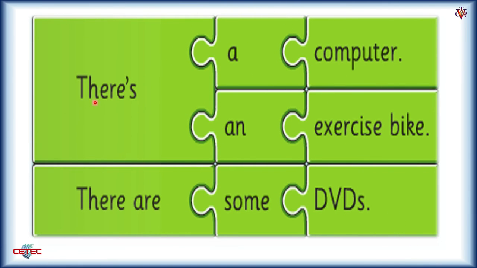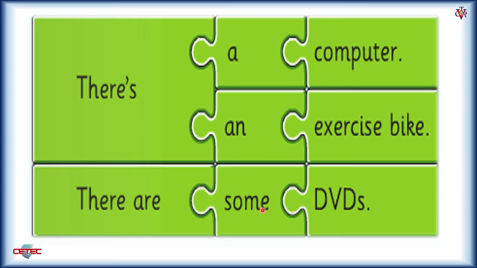Now, let's check. There is a computer. There is an exercise bike. Don't forget, these two sentences are in singular. A computer, an exercise bike. There are some DVDs, plural, S. Don't forget in this characteristic, some or more than two.